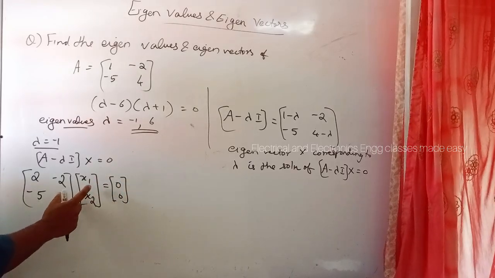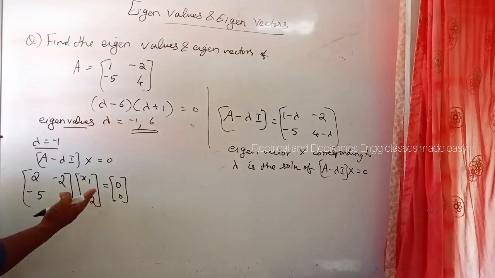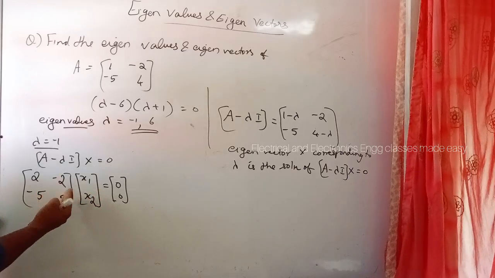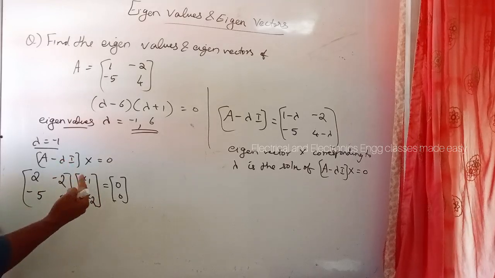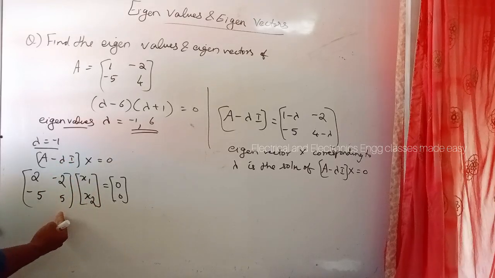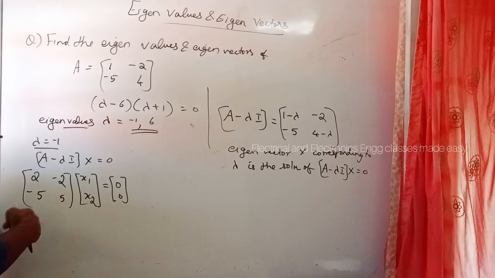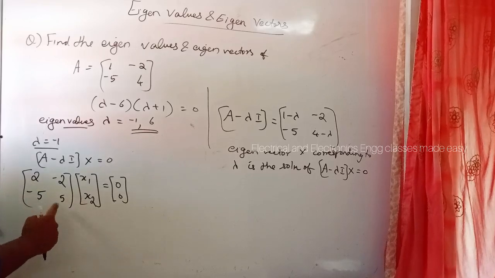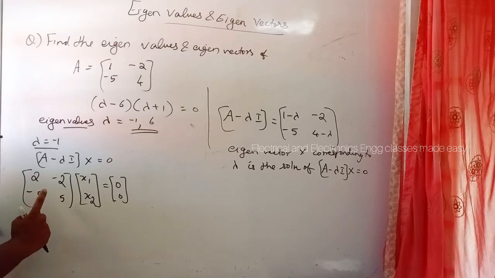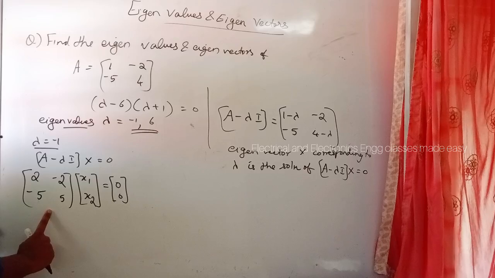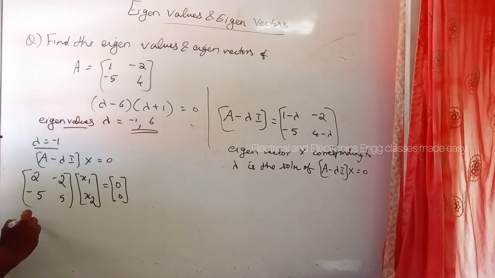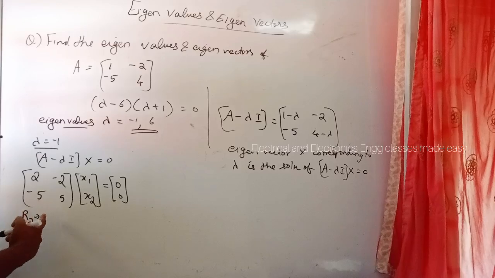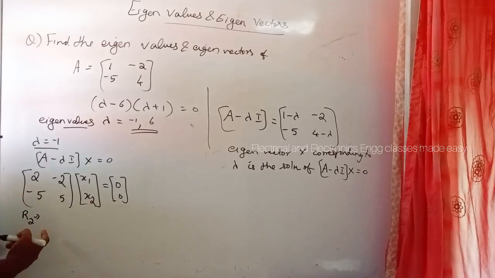Now here we have to find x1 and x2. By finding the rank of A, by the Gauss elimination method, we can find the solution. So for that let us do the operation. Let us make this element 0.